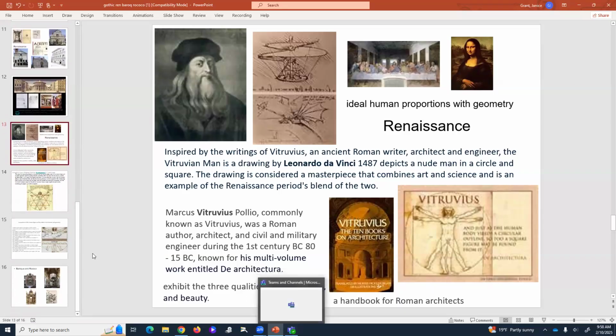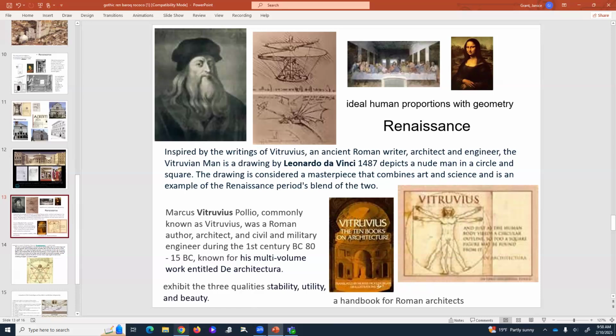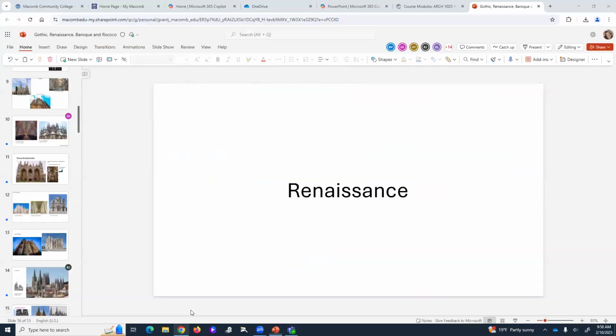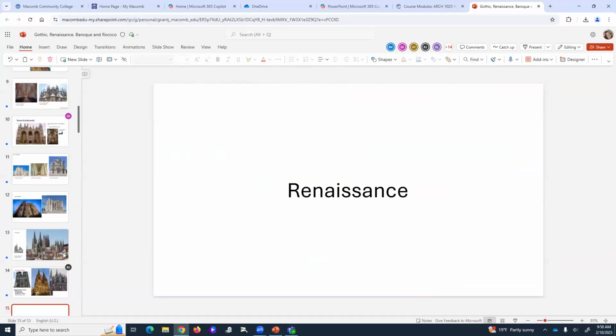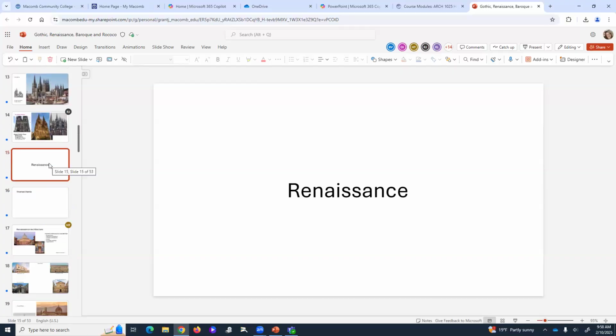If you could go ahead and go back over to your drawing here, and let's work on the Renaissance time period. I know that you'll find other things. You could put the dome in there as well, but other buildings that were inspired by this perspective drawing.